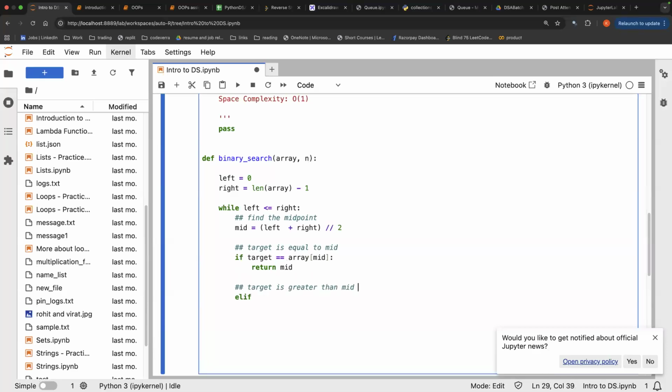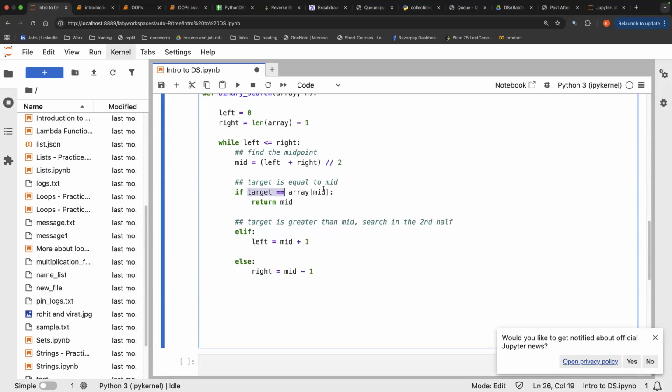If target is greater than mid, then we will search in the second half. So what we will do? We will say left is equal to mid plus 1. Else we'll say right is equal to mid minus 1. At some point, the target will become equal to array of mid. When that is the case, then we will return the mid. And after doing all of that, if we are not able to return, then we will return minus 1.